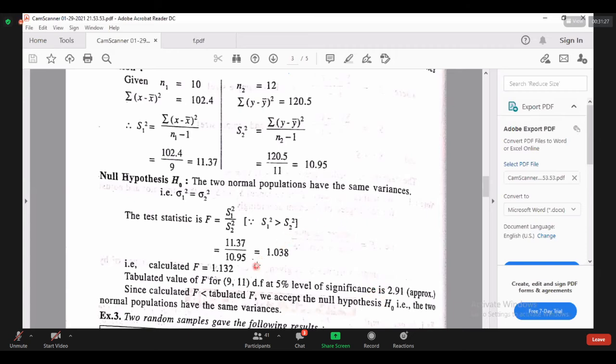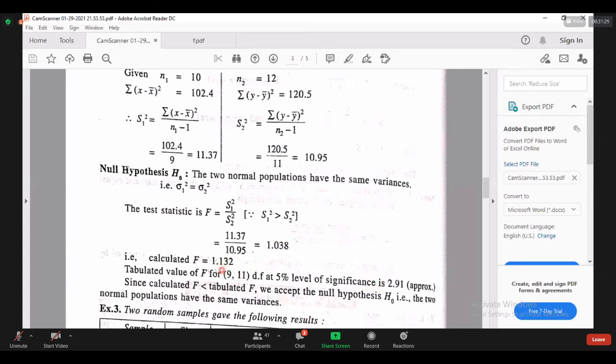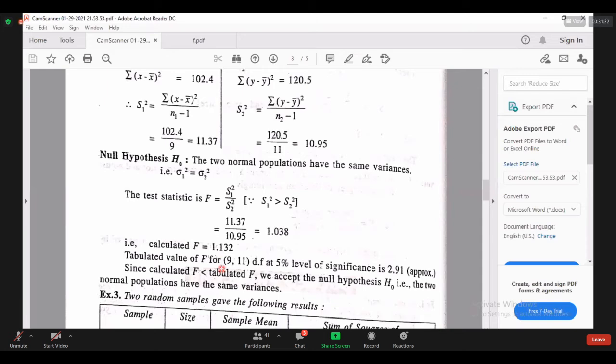Now we have to compare with the tabular value. F calculated is less than F tabular value. If this condition is satisfied, we accept the null hypothesis H naught. That means there is no difference between the two population variances.